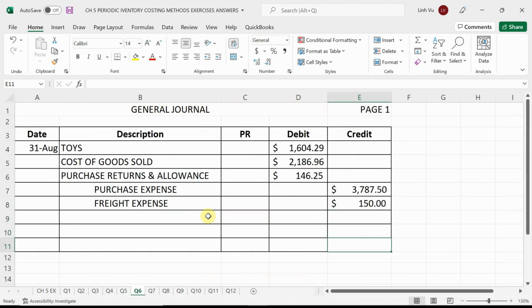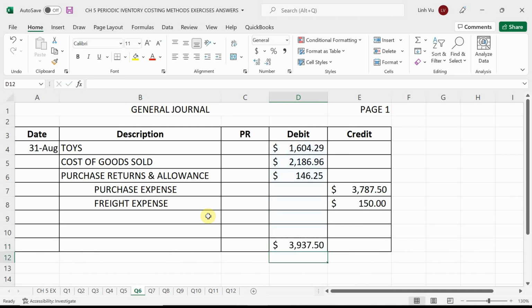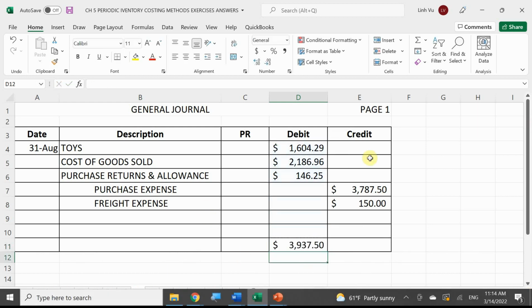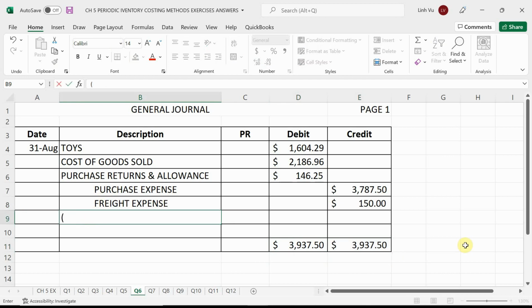Right? So again, double confirm that your total debits match your credits. So I got a total of $3,937.50 on the left, $3,937.50 on the right. Okay? And of course, last but not least, fill in your description. So this is the conversion entry for periodic inventory purchases.